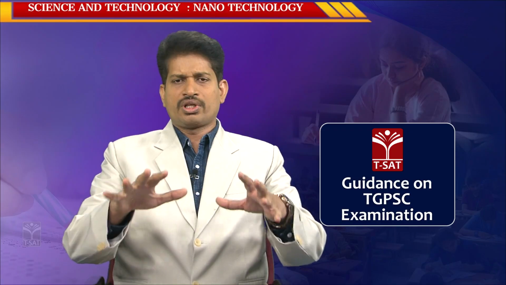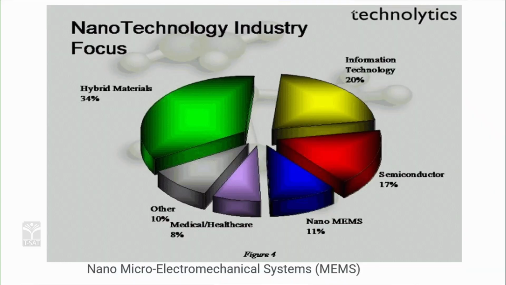So, these are the different areas where nanotechnology is being used: information technology, semiconductors, nano MEMS, and other applications in terms of hybrid materials. Hybrid materials are materials where you are mixing some kind of organic and inorganic material, because of which the strength of the material increases and the weight decreases, which is better for use in construction materials.